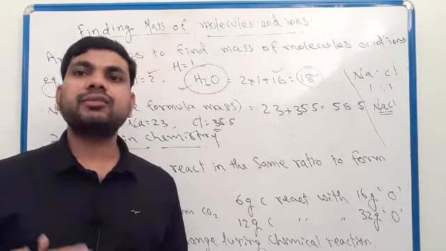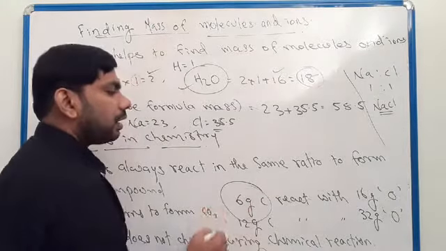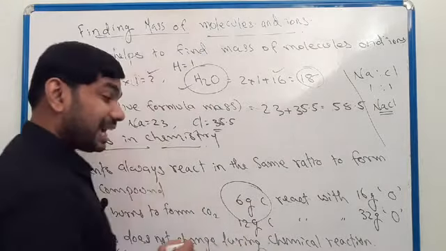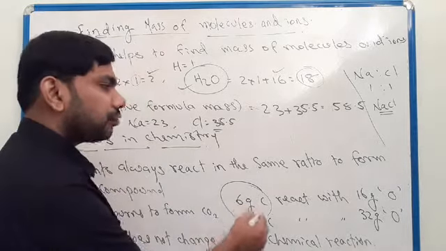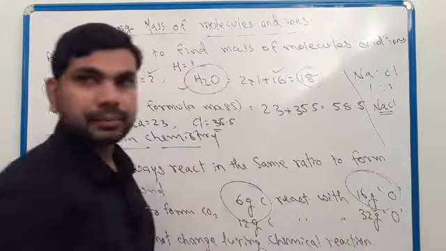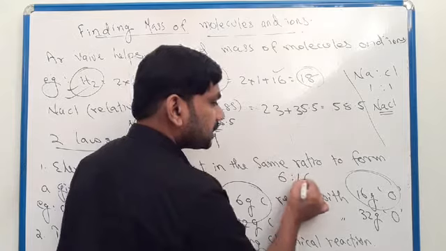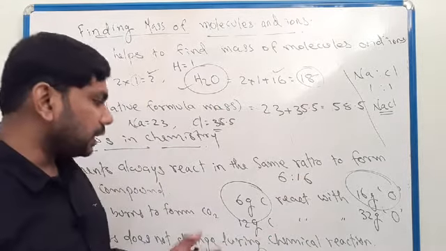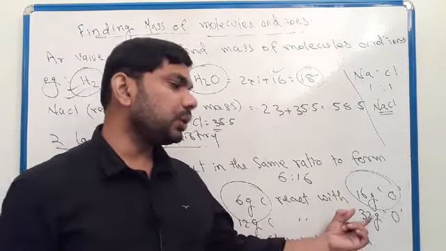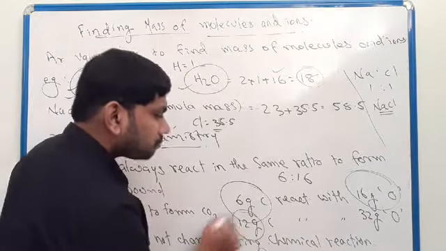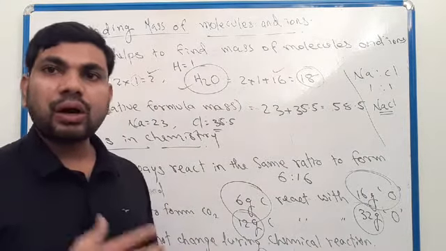Imagine 6 gram carbon reacting with 16 gram of oxygen. 6 is to 16, this is the ratio of carbon and oxygen. So we can say 12 gram carbon reacts with 32 gram oxygen. So the ratio is always the same.